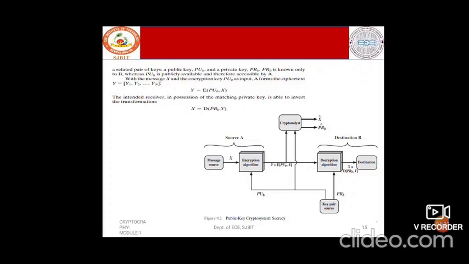Often, however, the adversary is interested in being able to read future messages as well, in which case an attempt is made to recover PRB by generating an estimate of PRB cap.